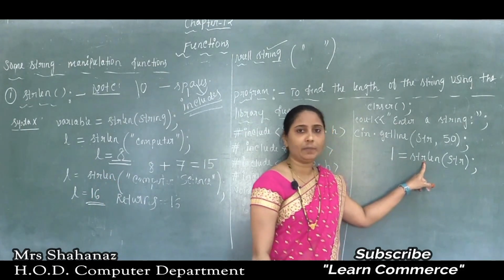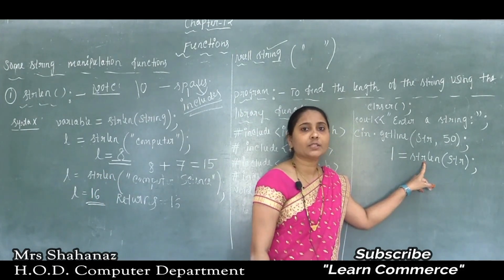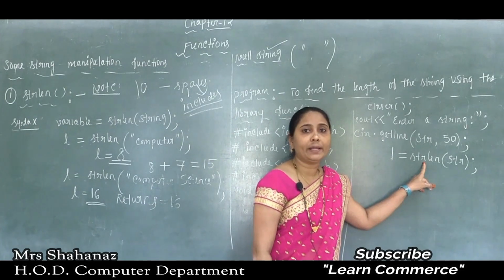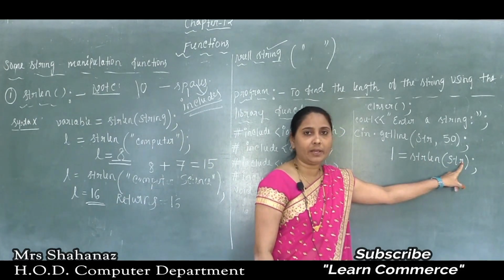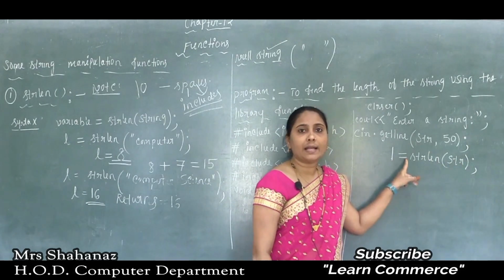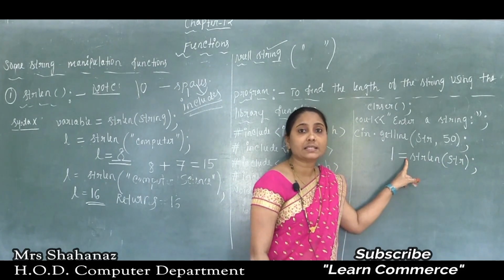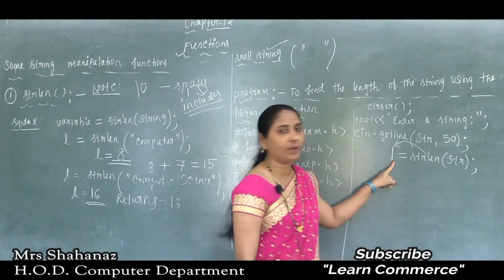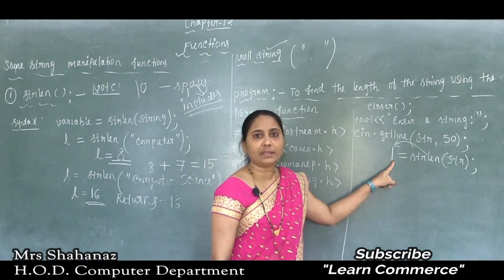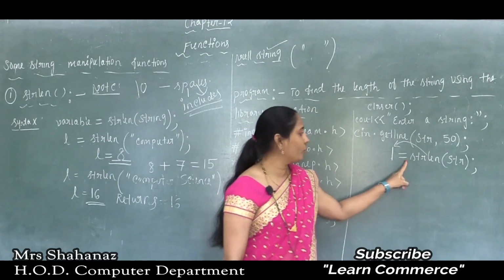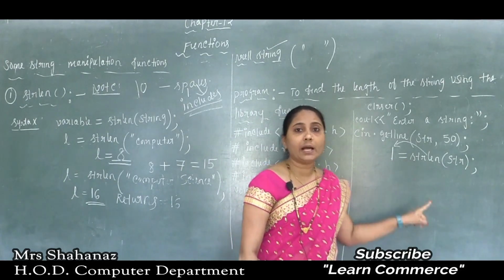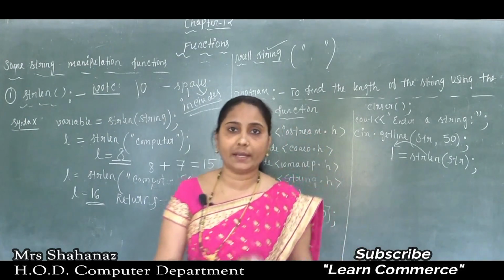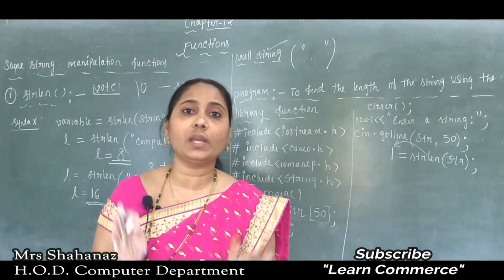As we know, the strlen function is used for finding the length of the string variable, and after finding the length, that number of characters, the size of the string variable, is copied to the other variable, L, by using the equal sign. Here we copied from one to another after finding the length of the characters.